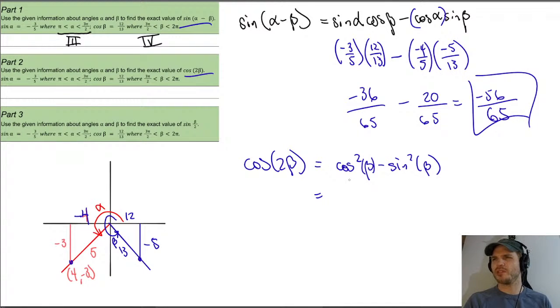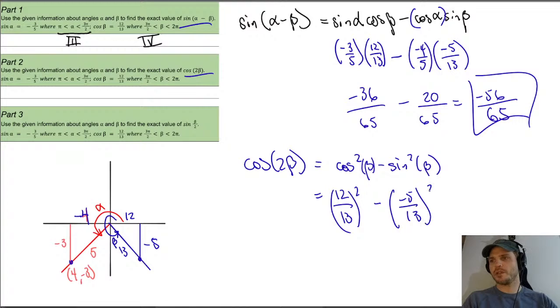So we know cosine of beta is 12 over 13, and we're going to square that because we want the square of it. And sine of beta, what did we say it was? Negative 5 over 13. Negative 5 over 13 squared.